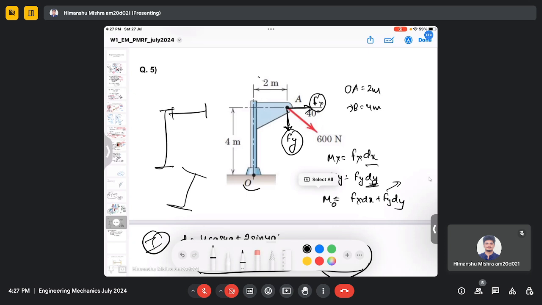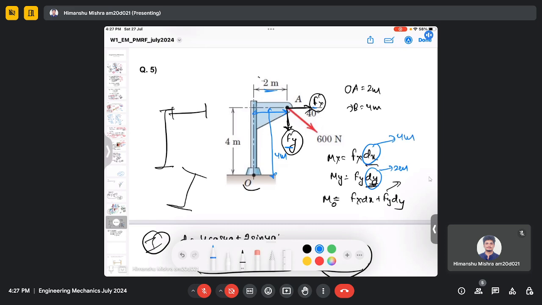For example, for force Fy, the perpendicular distance is this, which is 2 meter. So here dy is 2 meter. And for Fx, the perpendicular distance is this, which is 4 meter. So here dx is 4 meter.